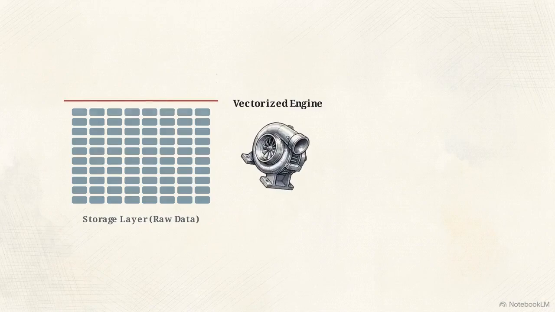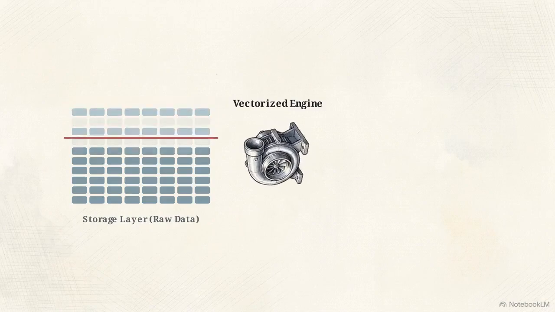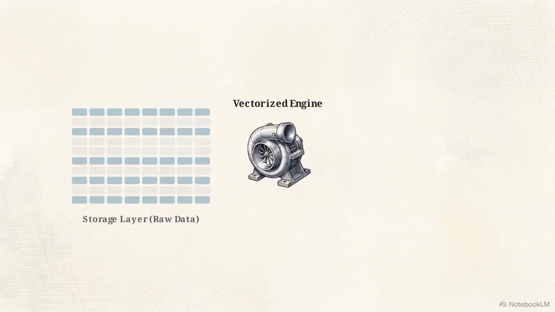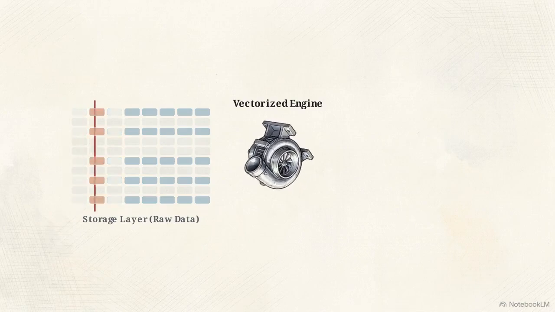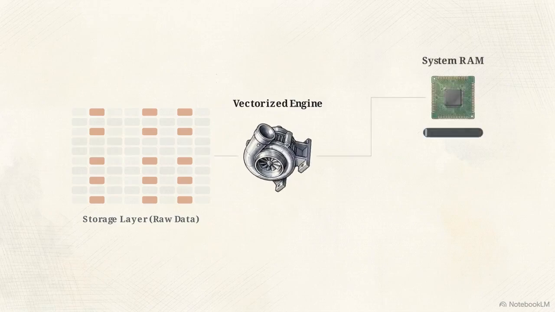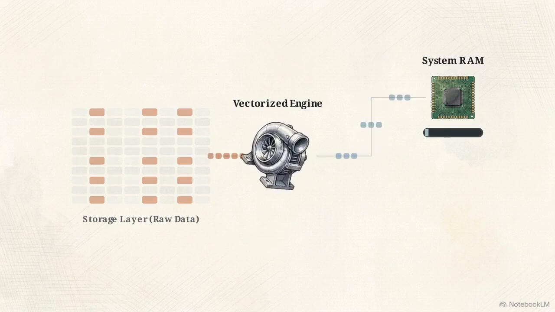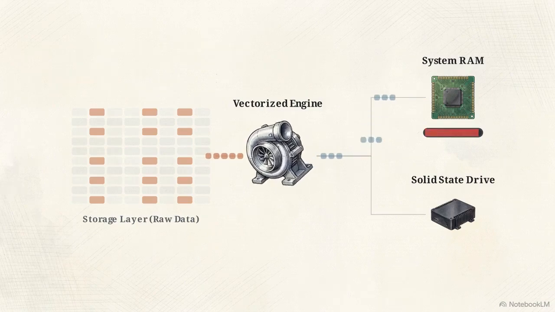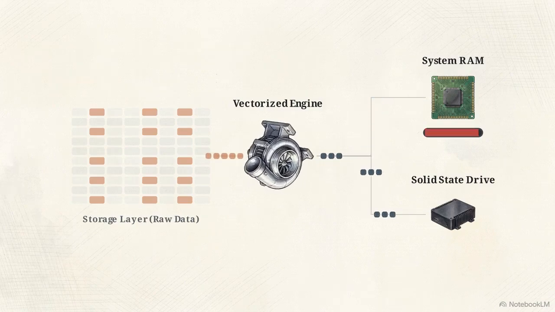Instead of reading every row, it relies on predicate pushdown to filter out irrelevant records at the storage level and selective scanning to read only the specific columns required for the query. Furthermore, local execution is not strictly limited by available RAM. For memory-intensive operations like massive sorts or hash joins, the engine utilizes a spill-to-disk mechanism, writing intermediate data directly to the SSD to maintain processing speed without failing.